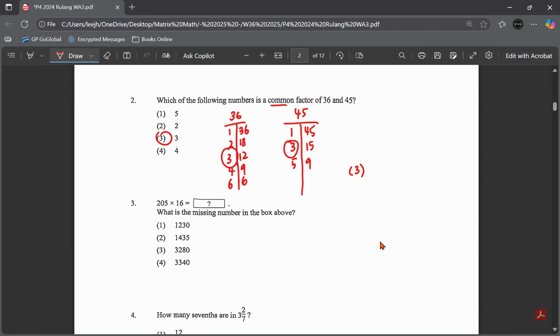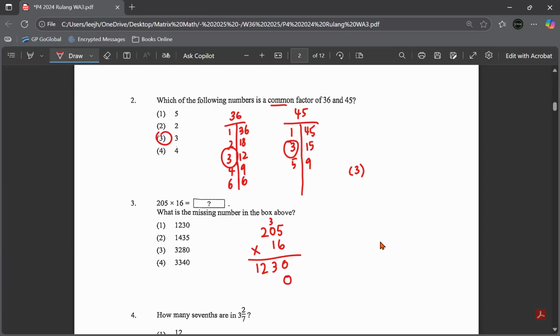Question 3. 205 times 16 is equal to what? I want to find the missing number, which means to work it out. 205 times 16. 5 times 6 is 30. 0 times 6 is 0, plus 3 is 3. 2 times 6 is 12. Then you put a 0 here because we are done multiplying the ones.